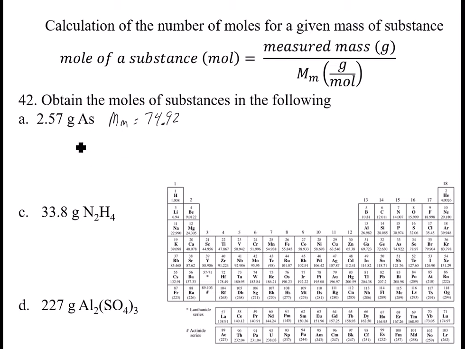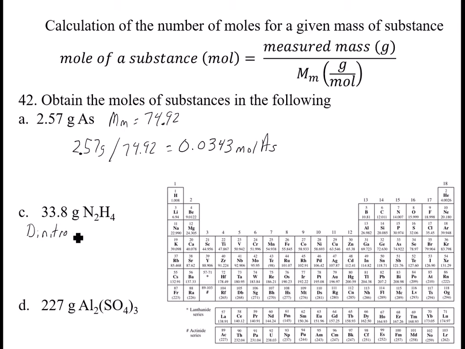Okay, so I take the 2.57 grams divided by the 74.92, and I get 0.0343 moles of arsenic.